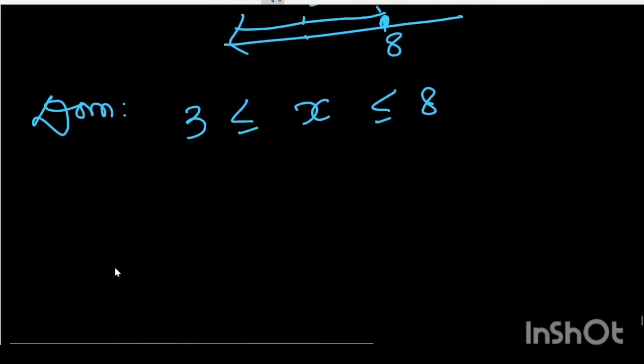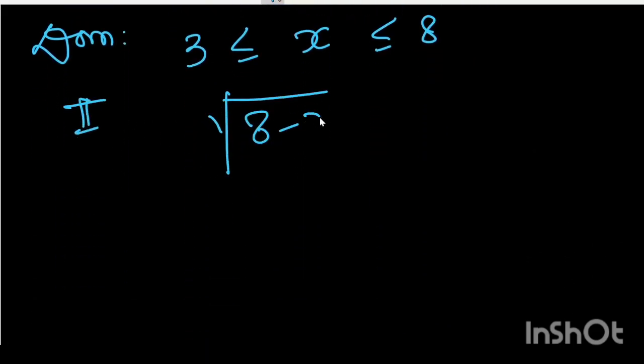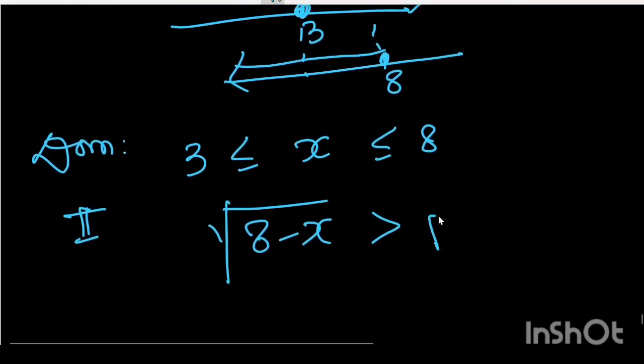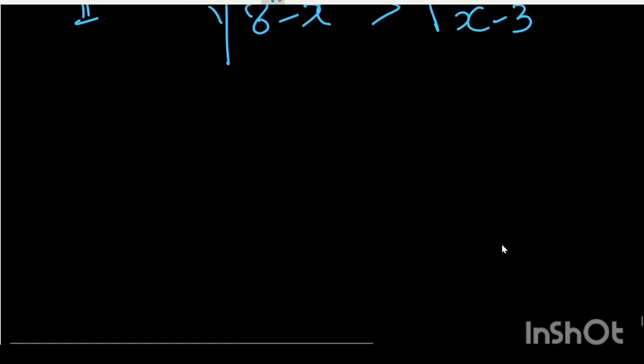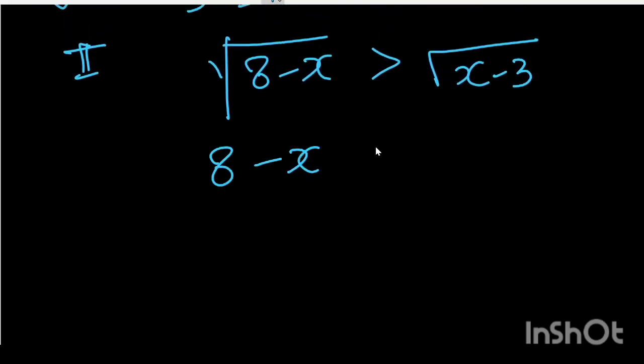In the second step, root 8 minus x greater than under root x minus 3. We will square both sides, guys. It will remove the under root from both the square root functions.